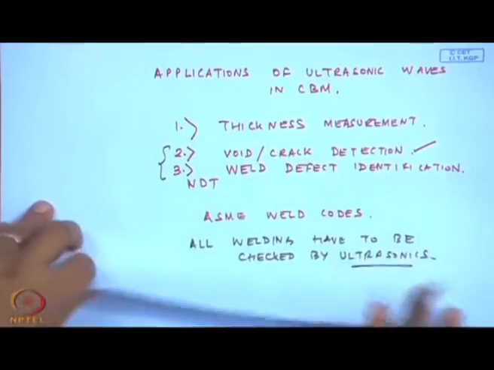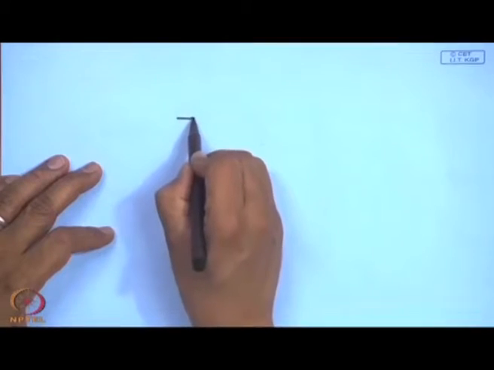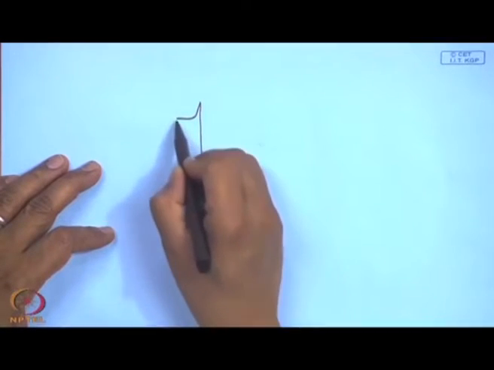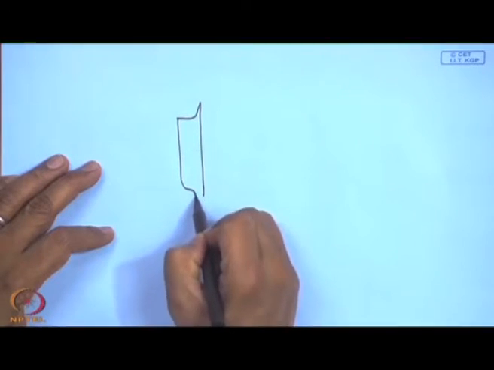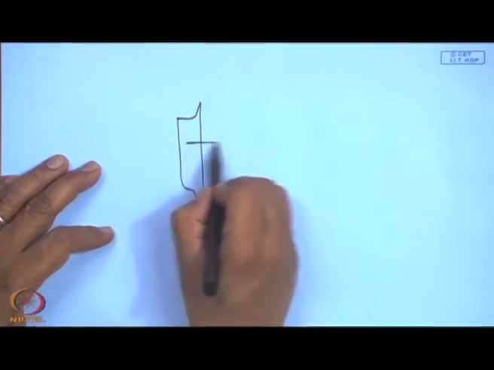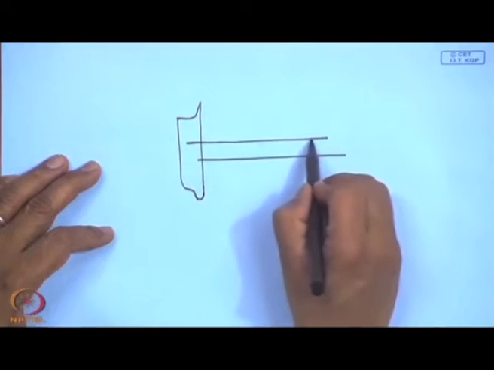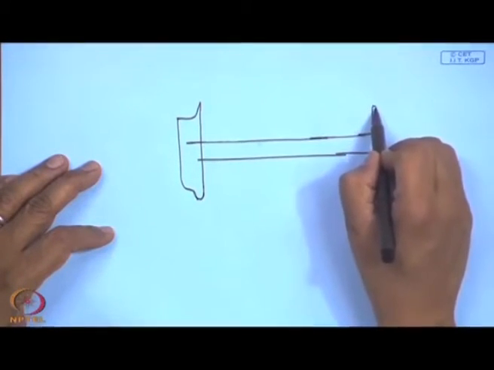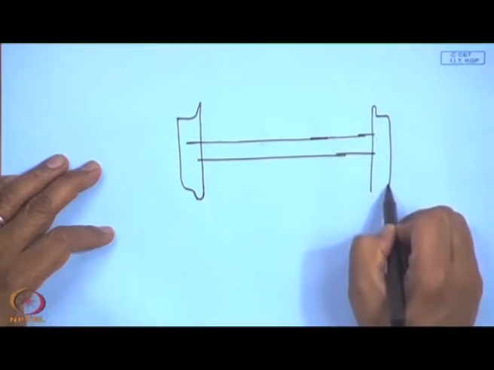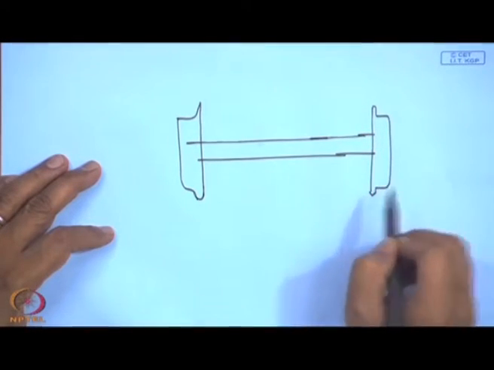Another application I will tell you about, coming out of Kharagpur, where we have a big railway workshop. If you look at the railway wheel set, this is the axle, flange and the tread.